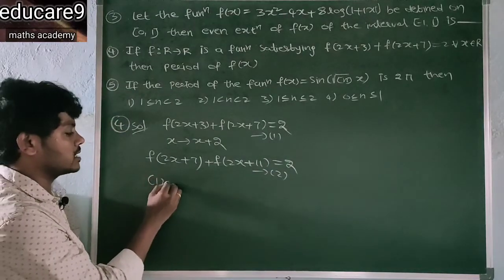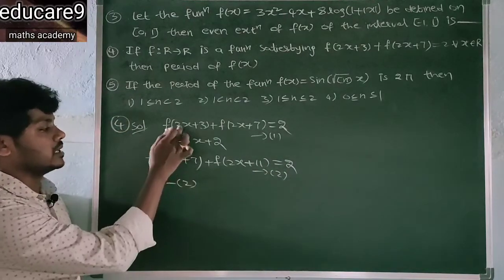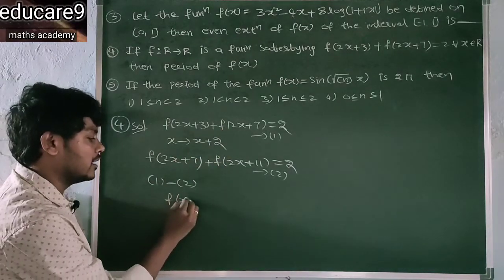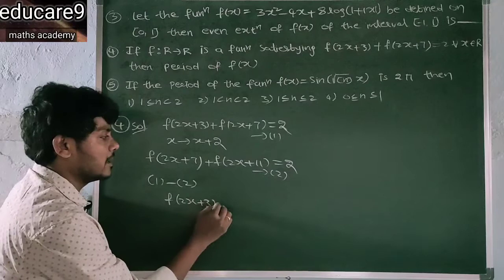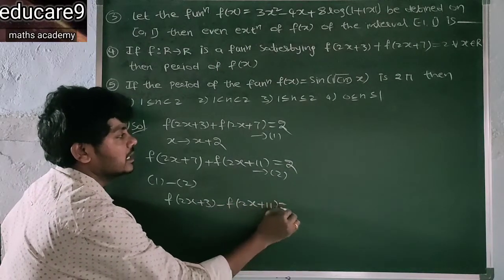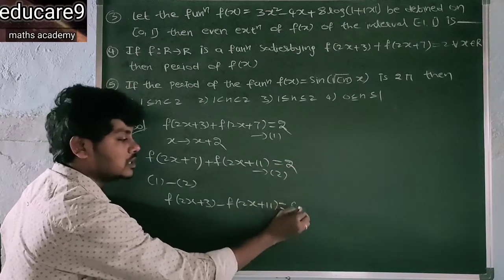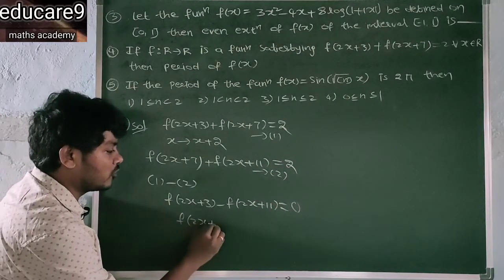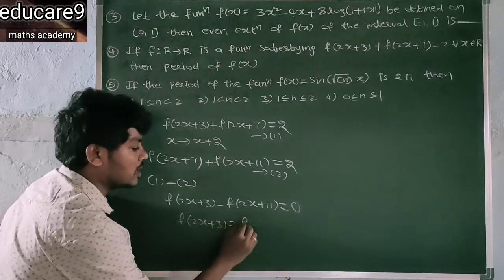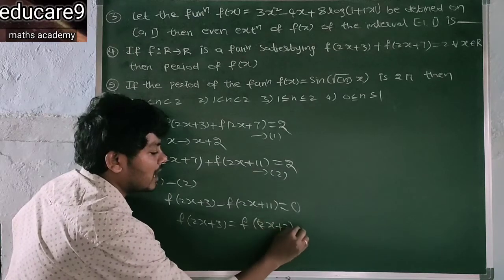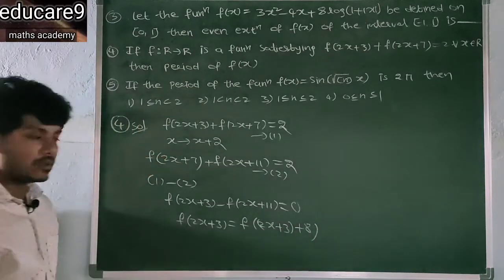Subtract 1 minus 2, so this gets cancelled. Now we get f(2x+3) minus f(2x+11) is equal to 2 minus 2, which is 0. Therefore this can be written as f(2x+3) is equal to f(2x+3+8).